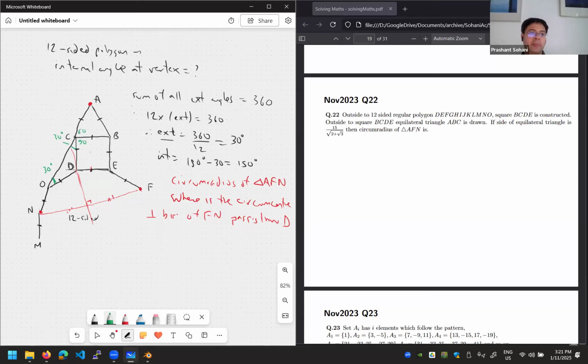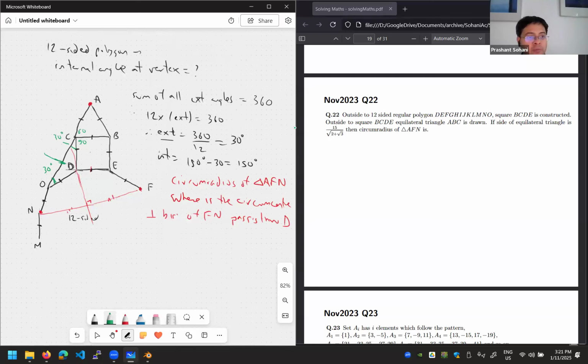Okay, so therefore this DNCA is actually a straight line. And if it's a straight line, then the perpendicular bisector of AN can be easily found, where the midpoint of AN is going to lie. It is going to lie exactly at the midpoint of DC, right?